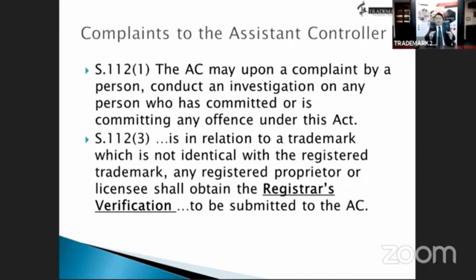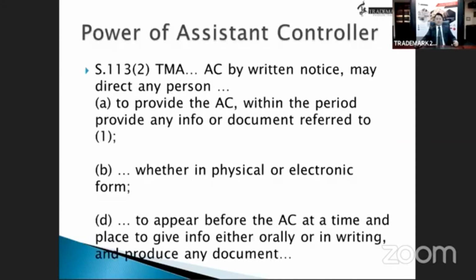They will give you a letter with the result, which you can submit to the assistant controller. Look, the registrar agrees that these two are very similar, so please carry out your duty to investigate. This will save you a lot of money and effort.